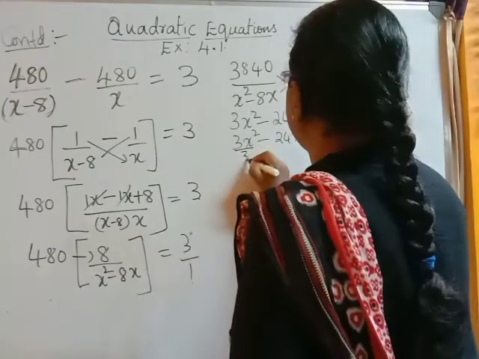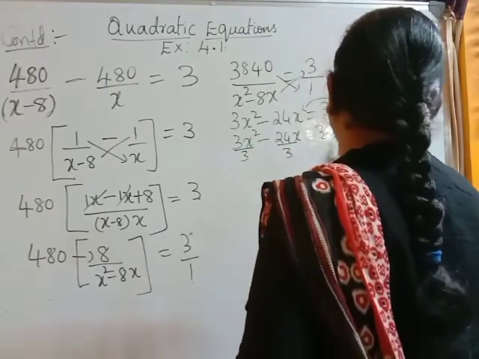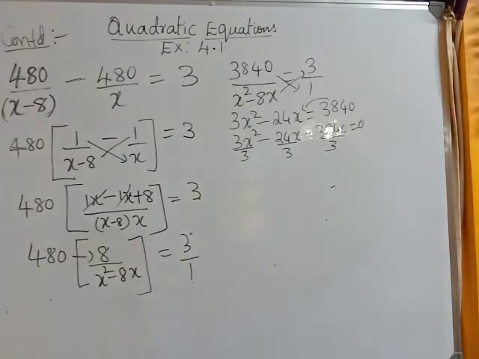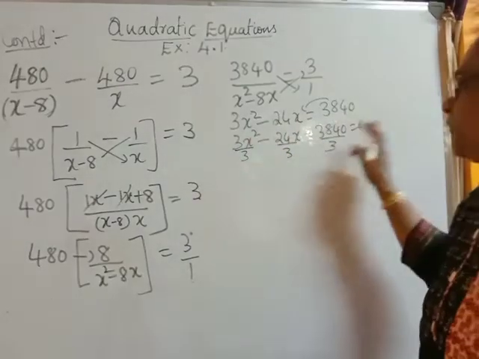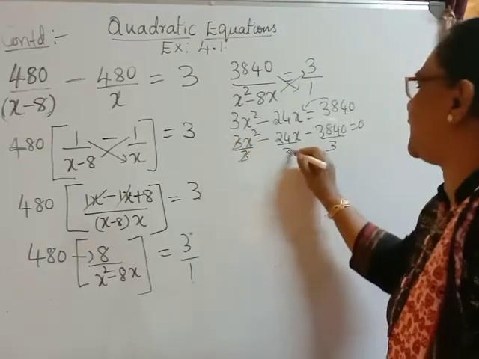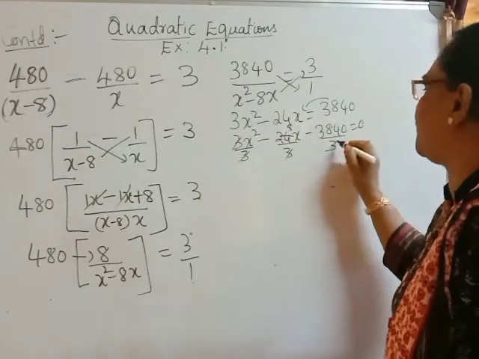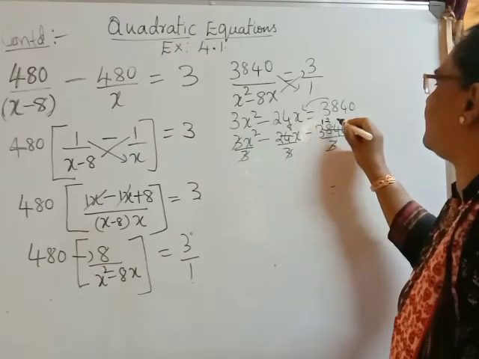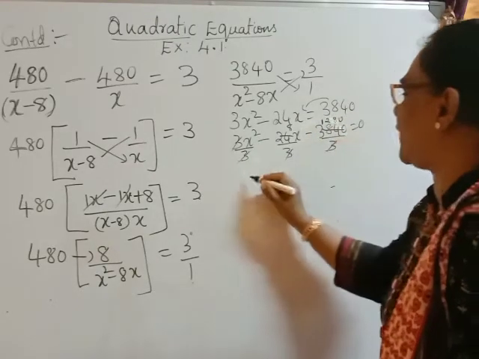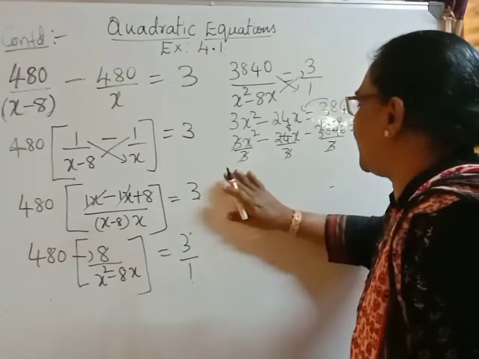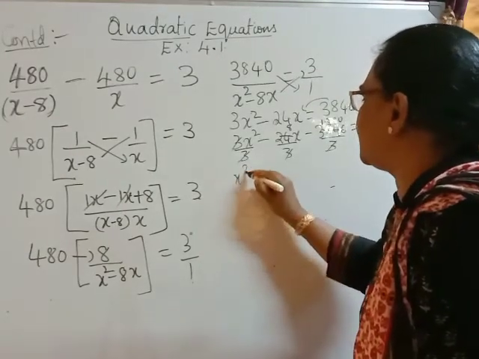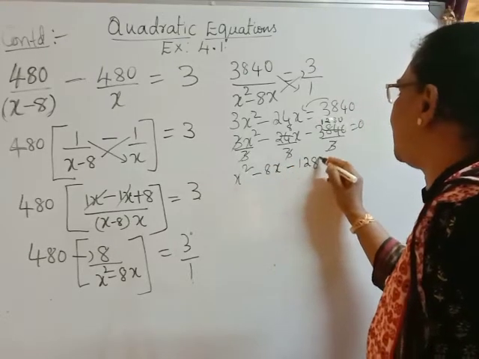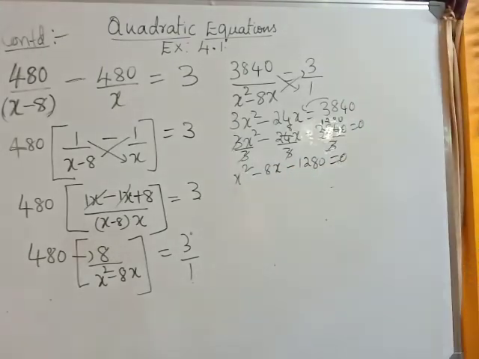Now divide all the terms by 3, because all the terms are divisible by 3 and I want 1 in place of the a value in the quadratic equation. So we get x square minus 8x minus 1280 is equal to 0.